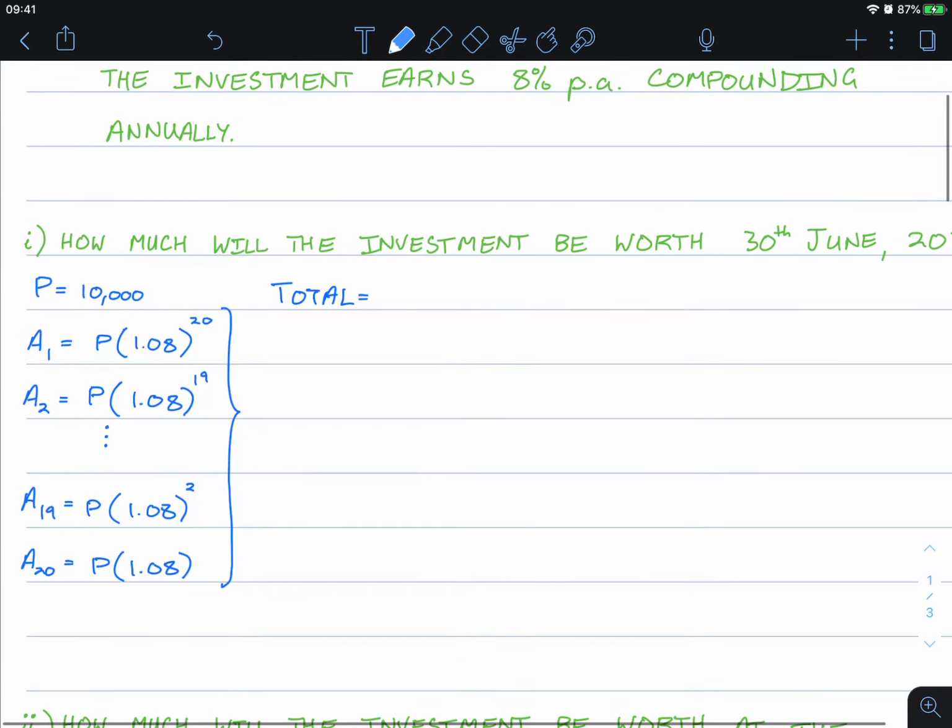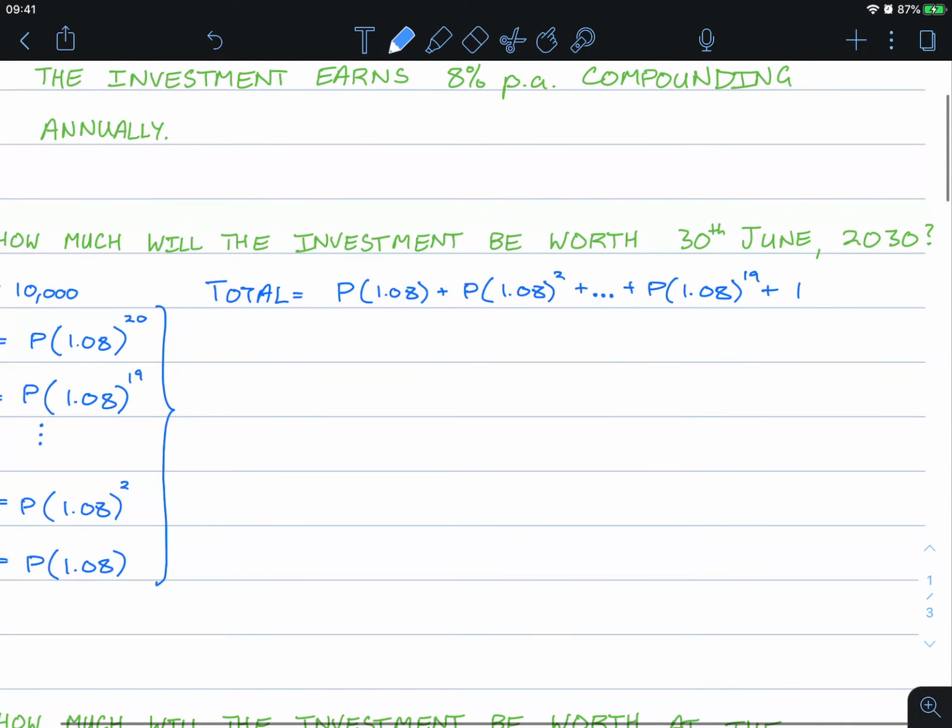We can take all of this and we'll find the total. I'm going to start from the end until the beginning. So it's going to be P times 1.08 plus P times 1.08 squared plus, up to P times 1.08 to the power of 19, P times 1.08 to the power of 20.